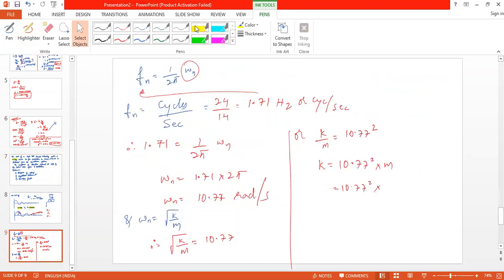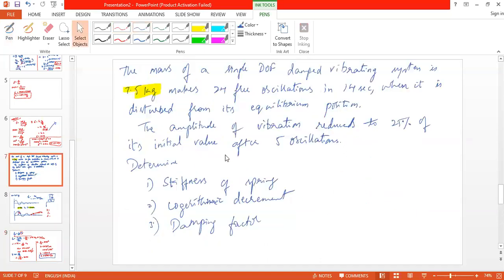So what is the answer? 869.9, or 870. K is 870 Newton per meter. That is the answer for the stiffness of the spring.